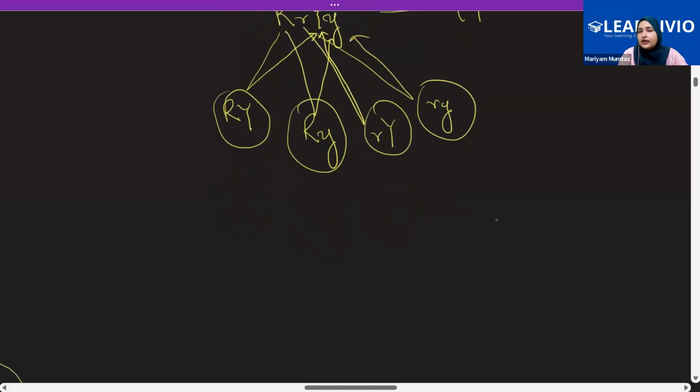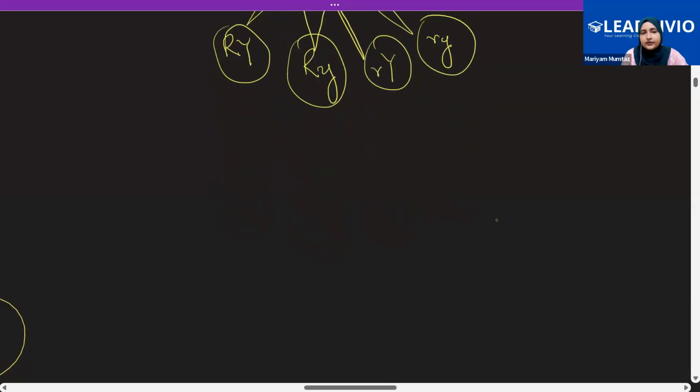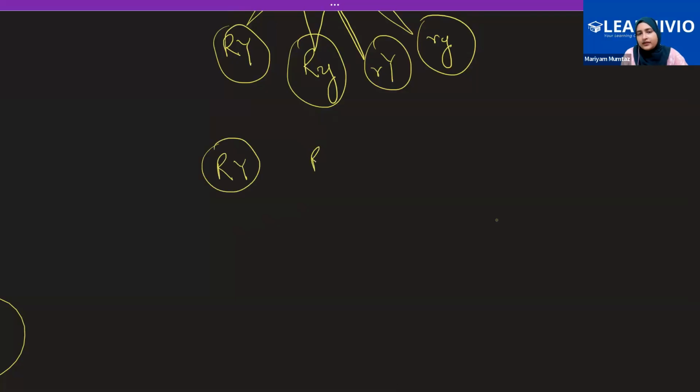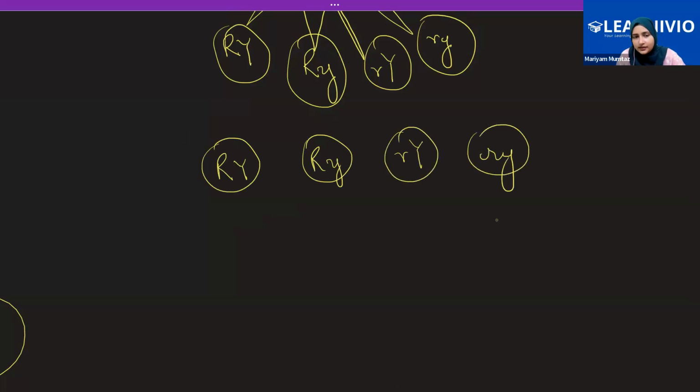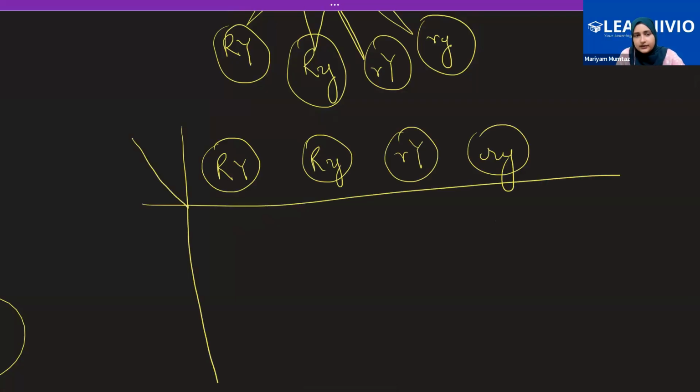Now, in order to find out the F2 generation, you're going to write these gametes over here. You can just write the genotype also, that will be fine. So this is one set of gametes. You put a line like this. Here we say that this is the male set of gametes.